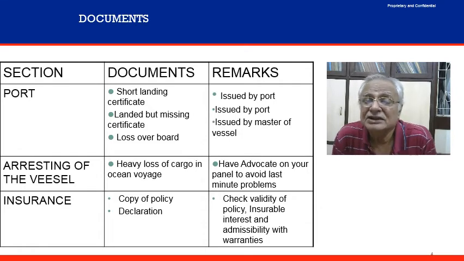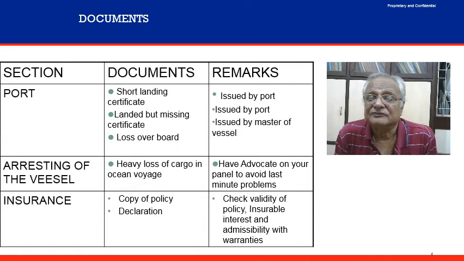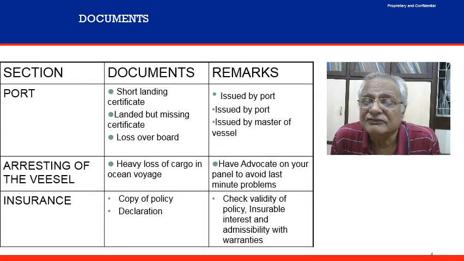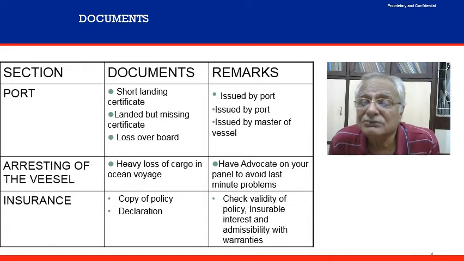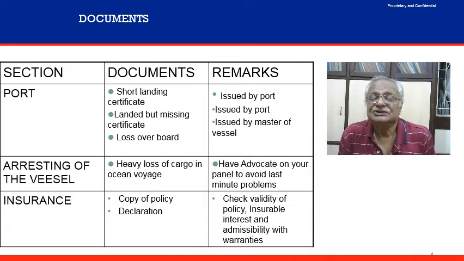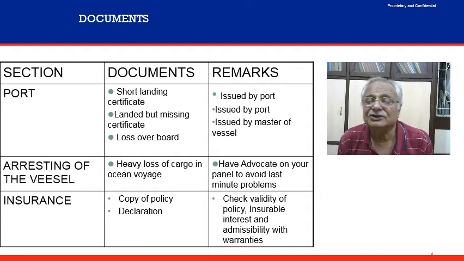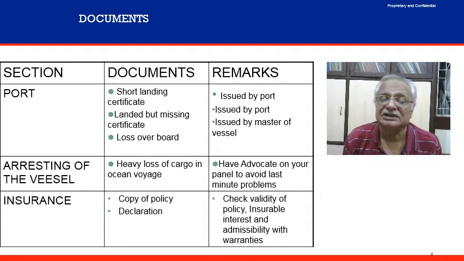The third is the loss overboard certificate. During loading or unloading, if the cargo falls into the sea, the loss overboard certificate, also known as the LOB certificate, is issued by the master of the vessel. So these are the certificates required in support of shortage claims.